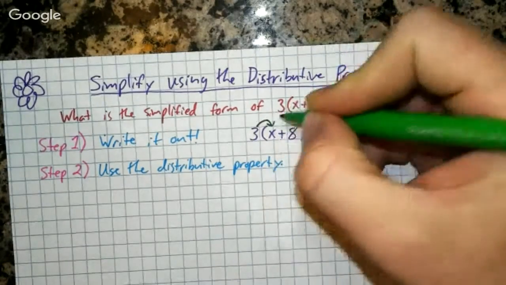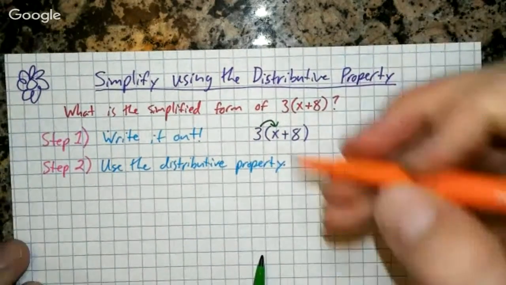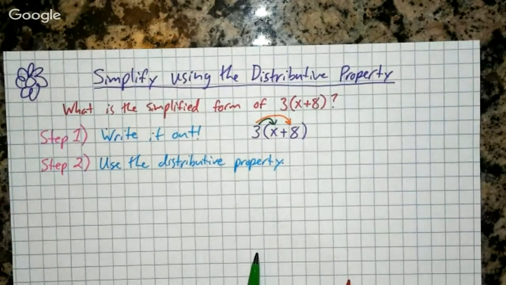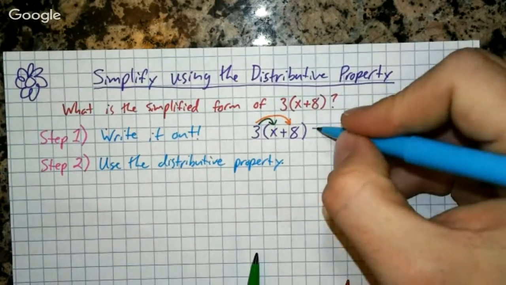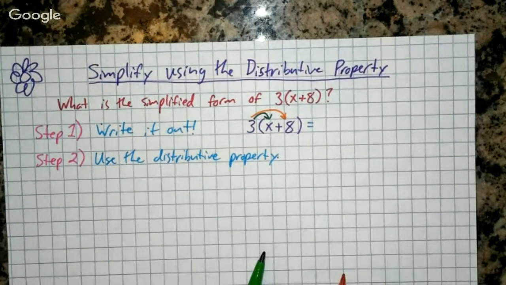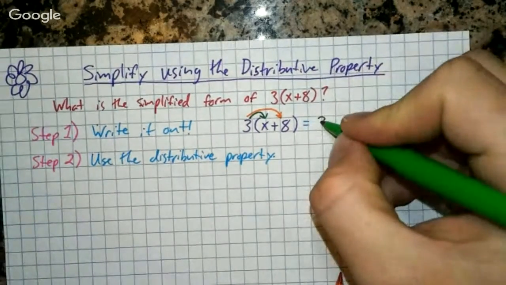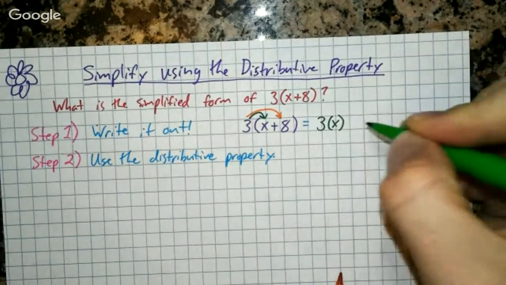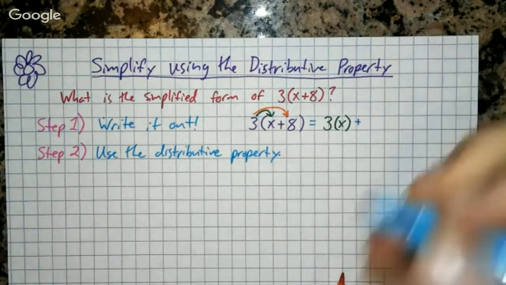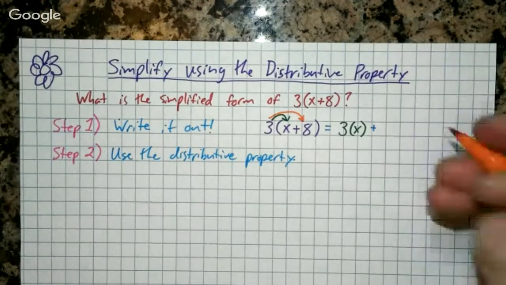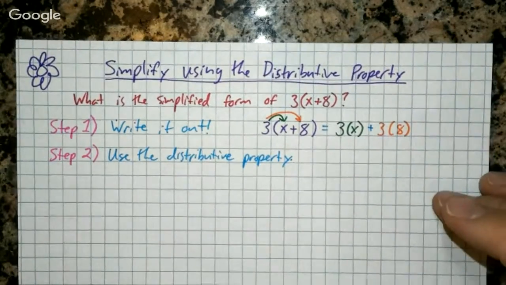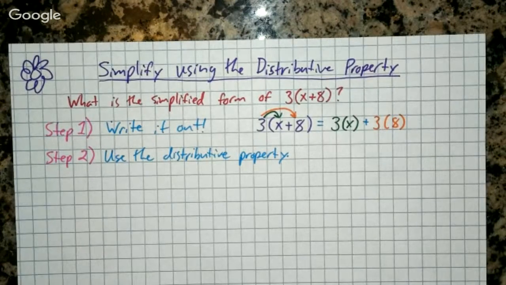And the 3 will distribute to the x, and the 3 will distribute to the 8, leaving us with a new equation that equals the same thing, and that will be 3 times x plus 3 times 8. The 3 distributes out and is now multiplied to both.